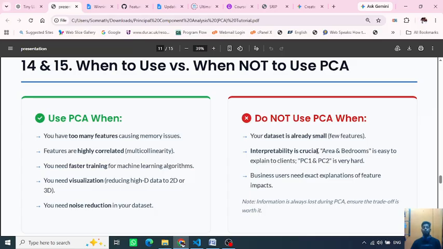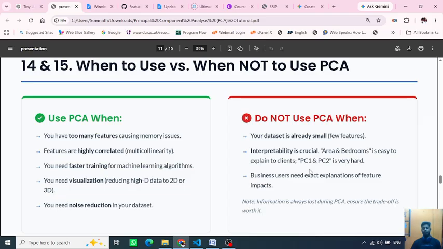And when not to use it: when the data is already small, definitely we should not apply it. And when interpretability is crucial, because if you do not really understand the features, it will be useless. Area and bedrooms are easy to explain to the client, but if we use PC1 and PC2, it makes no sense.